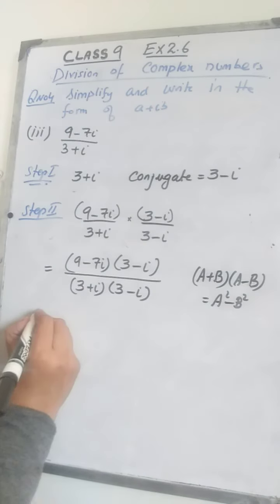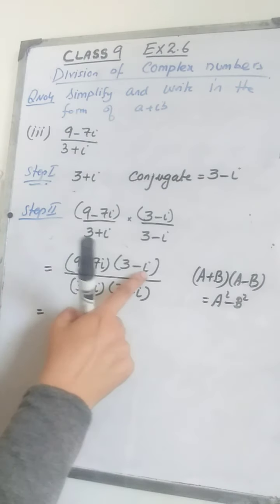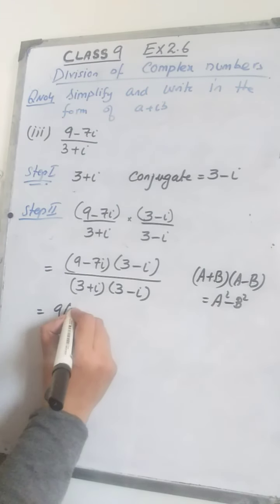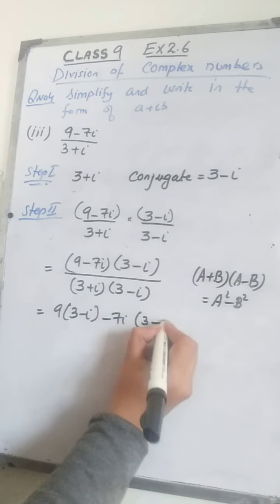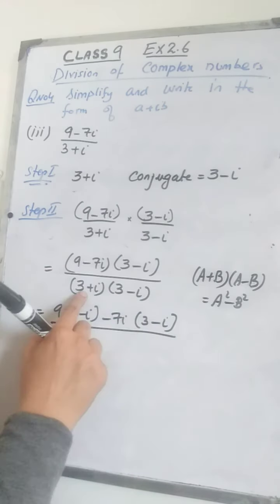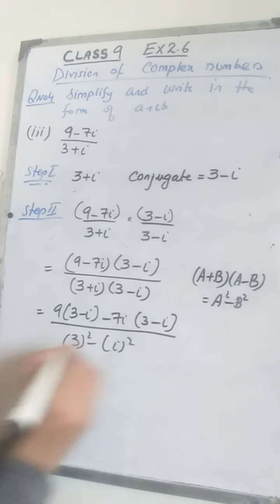So multiplying these two, the method is the same as we discussed earlier. You are going to pick this number and multiply it with each and every element in the next bracket. Okay, minus 7 iota into 3 minus iota, and over here (a plus b) into (a minus b) will be a square minus b square.